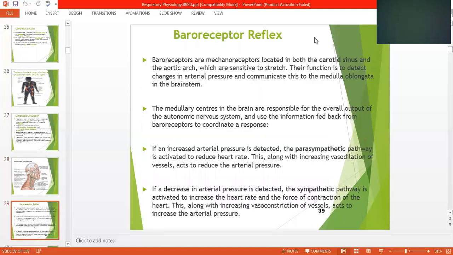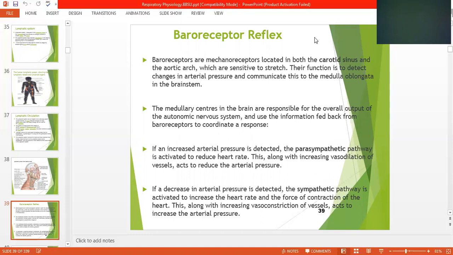Now we talk about the baroreceptors. Baroreceptors are mechanoreceptors located in both the carotid sinus and the aortic arch. You know, the branch that comes out from the aorta is known as the carotid artery, and then the aorta bifurcates while coming out from the left ventricle, and one part goes to the head and neck and the other to the body.